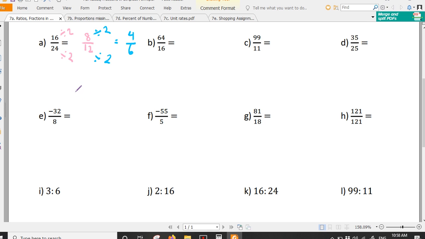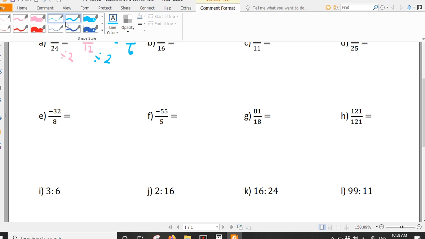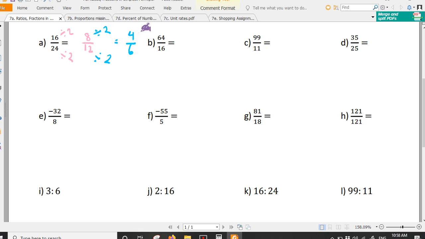It could, couldn't it? So we'll probably divide by 2 again. If I divide this by 2, divide this by 2, 4 divided by 2 is 2, 6 divided by 2 is 3. Can it go any smaller? No. Of course, if you would have caught it, I'm just going to rewrite this fraction, and said, what's the biggest number I can divide both the top and bottom by? 8.